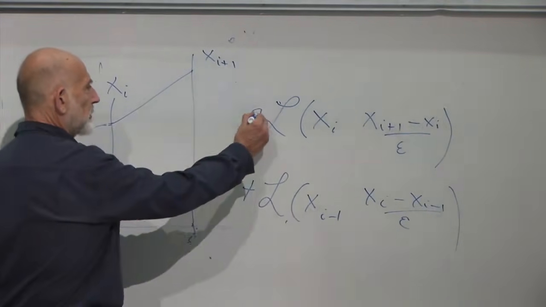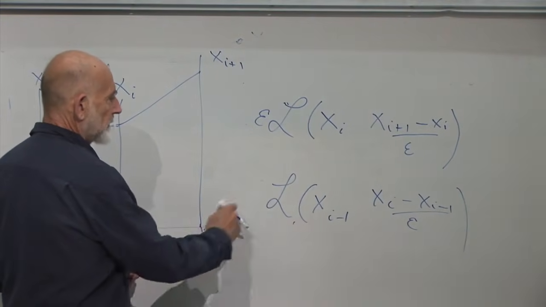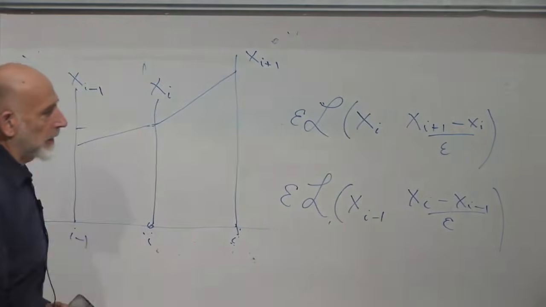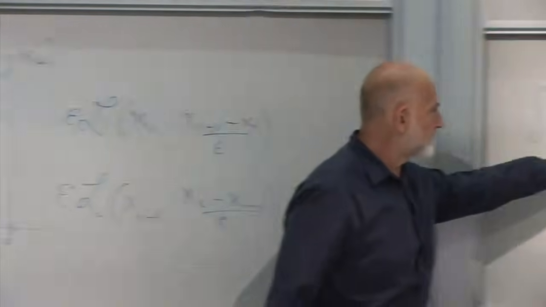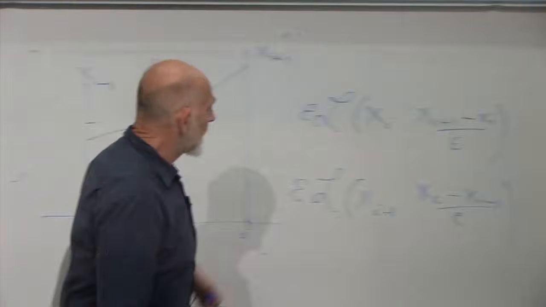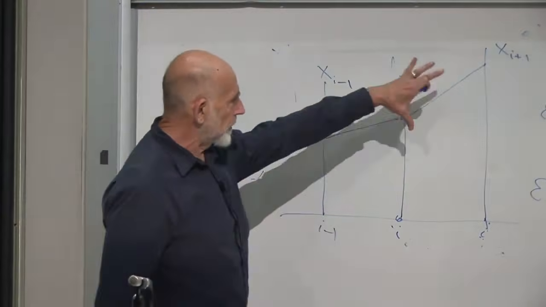It should all be multiplied by epsilon, but that's not going to make any difference. All multiplied by epsilon. Epsilon is from here. Okay, so I've just selected out these two terms.